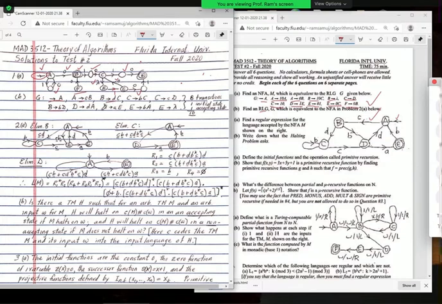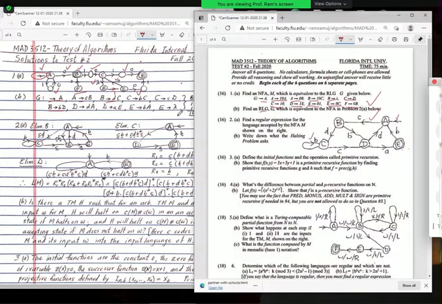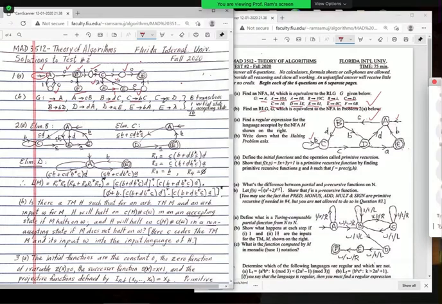Then how about C? C goes to BC, that's this arrow here, B capital C. C goes to C capital D, that's this little c capital D. And C doesn't go to anything else, so there is no more C. Then D goes to DA, so little d capital A, that's this.